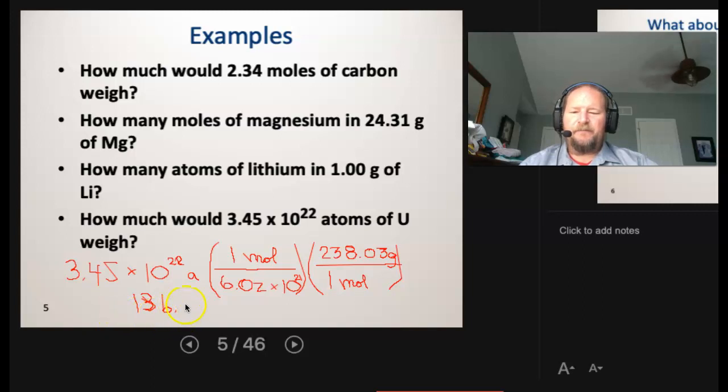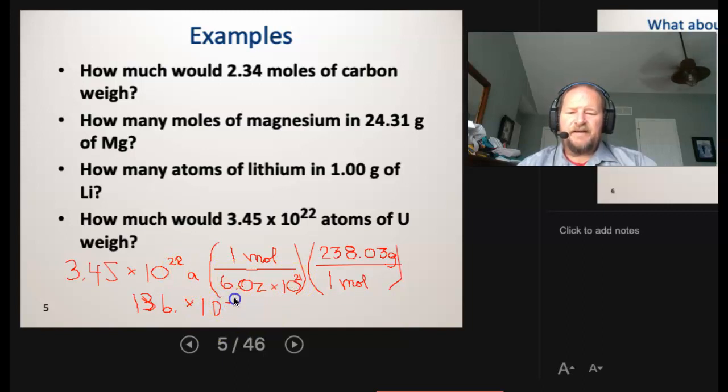That'd be it right there. Remember, I left my exponents out because I divide and conquer. So this is going to be times 10 to the, and here I'm going to take 22 minus 23.